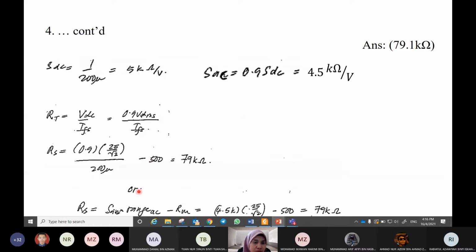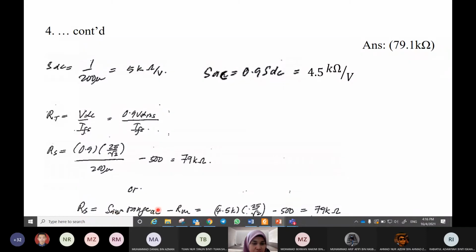Or you can use the formula of S multiply with V range. So Rs is equal to SAC multiply with V range AC. If you use DC, then V range DC.